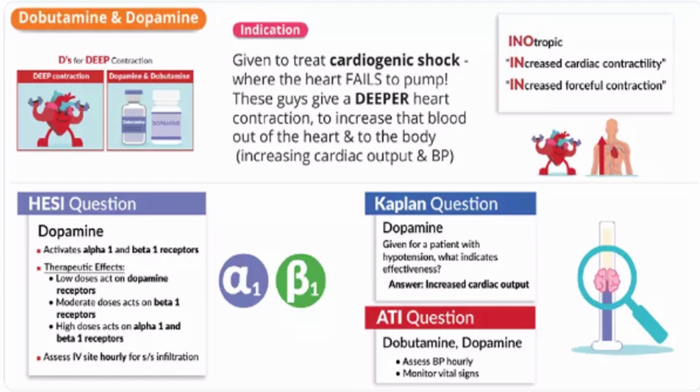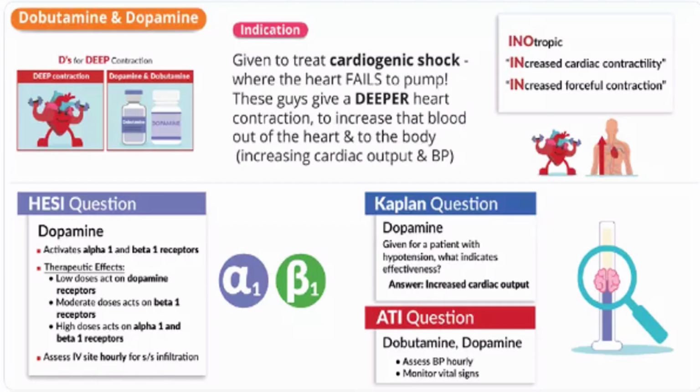Dopamine. When we give this, or dobutamine and dopamine, we give this for cardiogenic shock when our heart isn't failing the way it's supposed to. It's going to cause a better contraction, which increases blood that flows out of the heart and to the body, which increases our cardiac output and blood pressure. So these are considered inotropic or positive inotropes, where they are increasing that contractility, okay, and increasing the force.